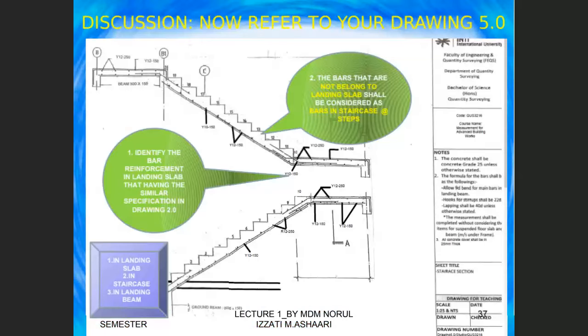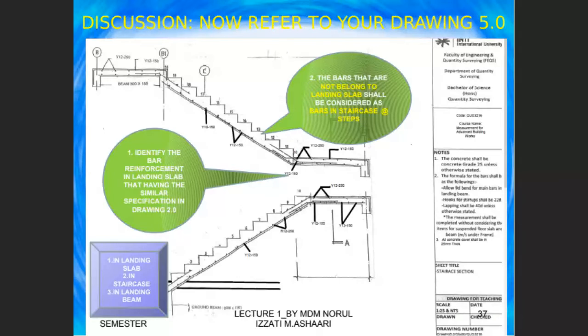Okay. Now I would like you to look at your drawing, your studio drawing. What you have to do first is check the scale. Make sure you check the scale. Okay, this is the section detail for the bar reinforcement and the section detail of the drawing. How do you start measuring?